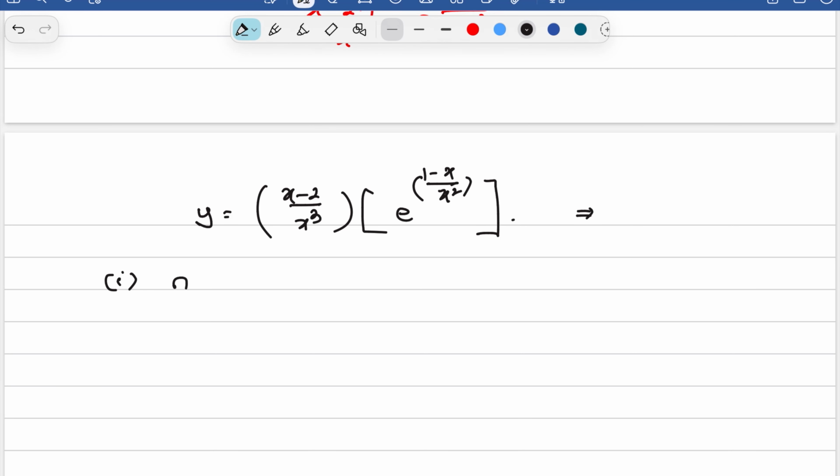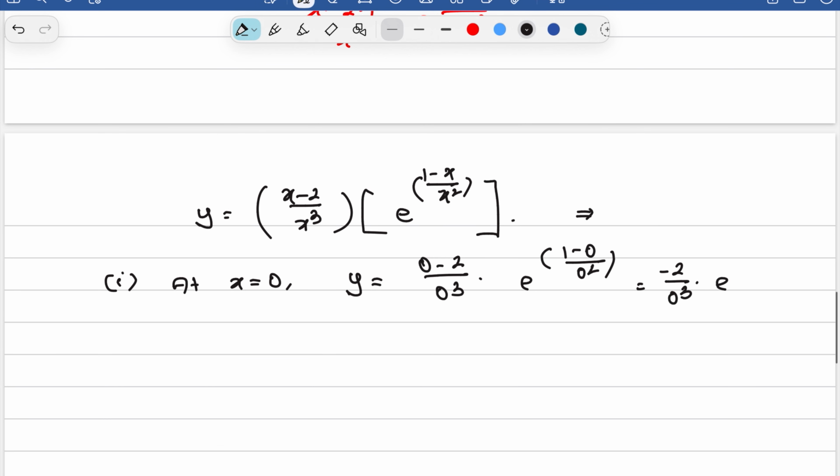At x is equal to 0, y is equal to 0 minus 2 by 0 cube into e to the power of 1 minus 0 by 0 square. That is equal to minus 2 by 0 cube into e to the power of minus 1 by 0 square.